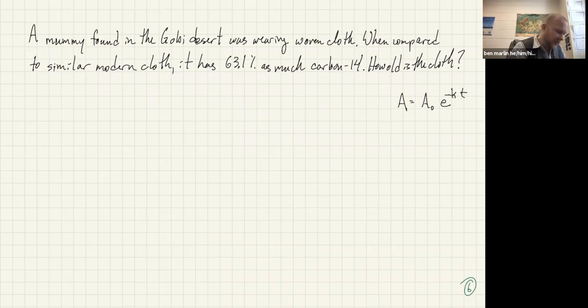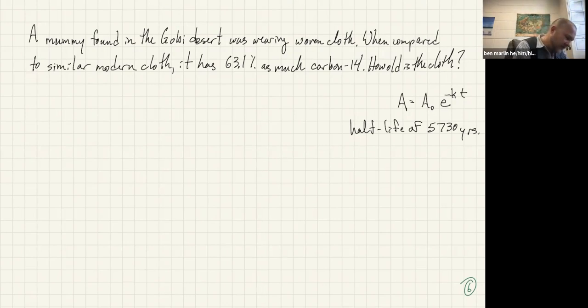One of the things we have to be able to do is to figure out what's going on with carbon-14. And with carbon-14, it has a half-life of 5,730 years. Okay, you can just look that up somewhere if you need to. But what that means is if you start out with a certain amount of carbon-14 in something, after 5,730 years, there will be half that much from radioactive decay.